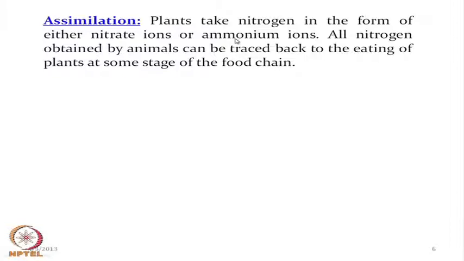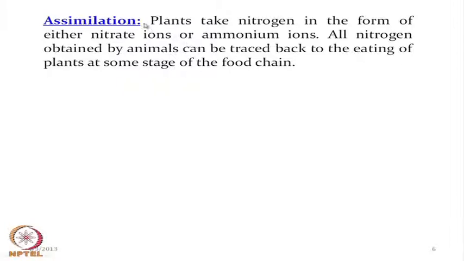When these two ions are formed, the soil system, the soil on which the plants are growing, cannot retain very much of these nitrate or ammonium ions. They basically percolate through the soil system and ultimately reach the groundwater.